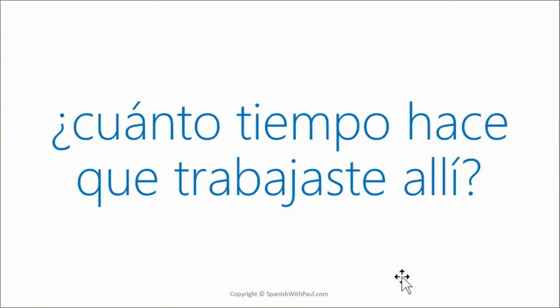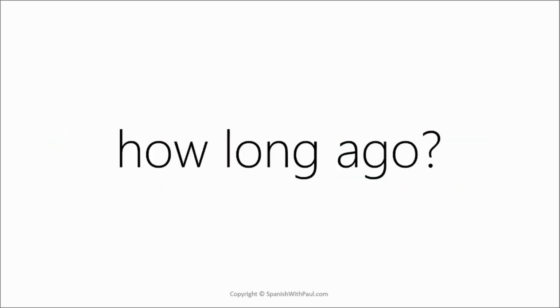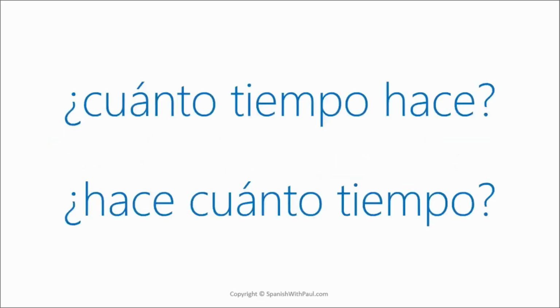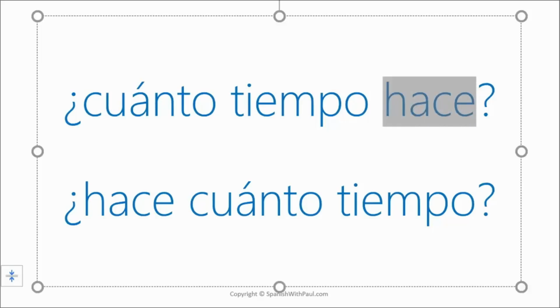Now, did you work there? ¿Qué trabajaste allí? In fact, if we simply wanted to say that and nothing more, how long ago, then you could say either ¿Cuánto tiempo hace? Or ¿Hace cuánto tiempo? Either placement is correct, but again, you can see that strong connection between the word ago in English and the word hace in Spanish.